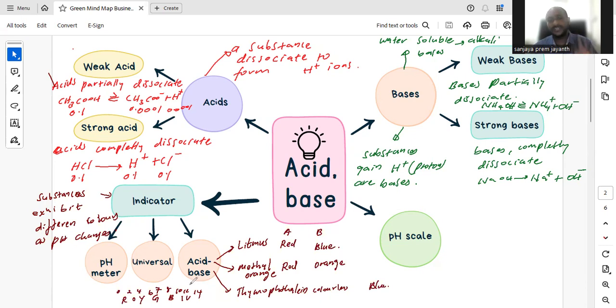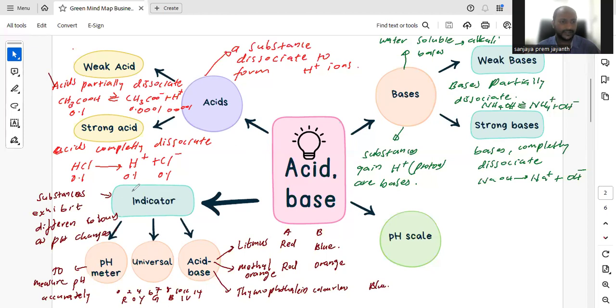If you want to measure pH accurately, then you have to use a pH meter. This is regarding indicators.